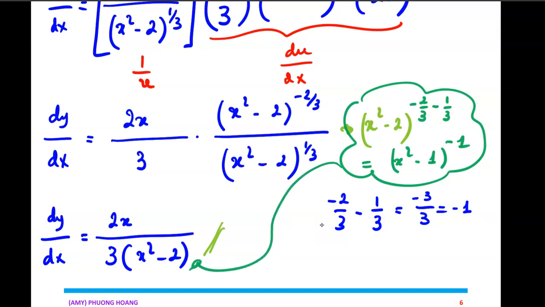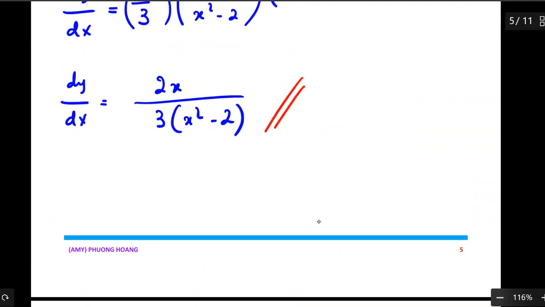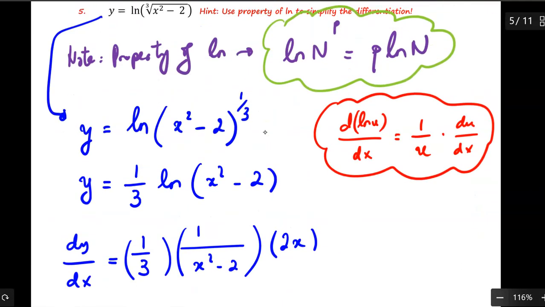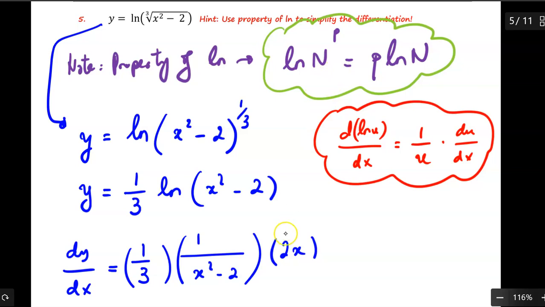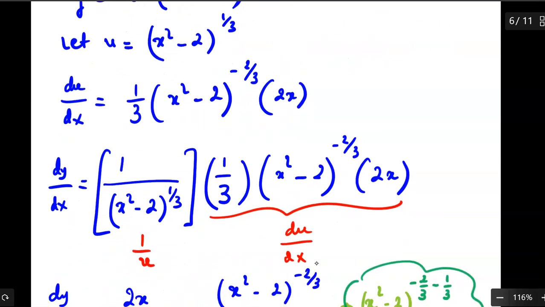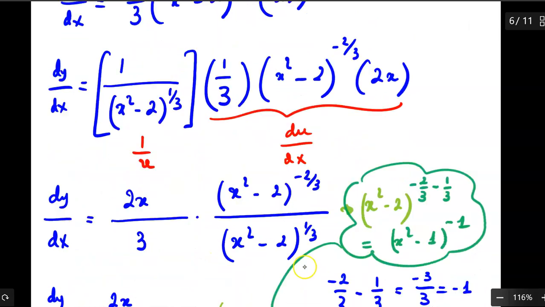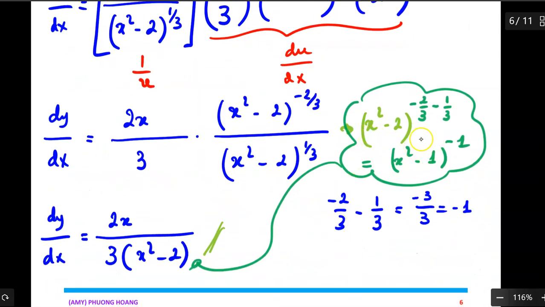So in the end, you see the final answer is still the same. However, it's more tedious and has more steps. Here, we just apply the property of logarithm and we get this answer. In this case, we don't apply the property of logarithm, so we have to differentiate, and the simplification process is a little bit more complicated, but at the end we still get the correct answer.